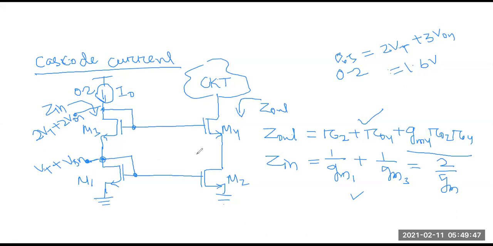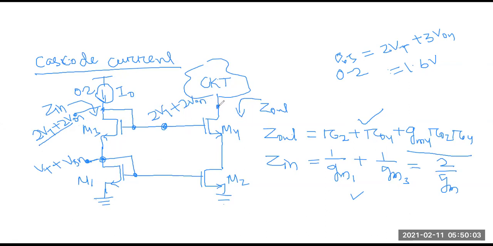Now see, if this is VT plus V on, then this point will be 2 VT plus 2 V on.